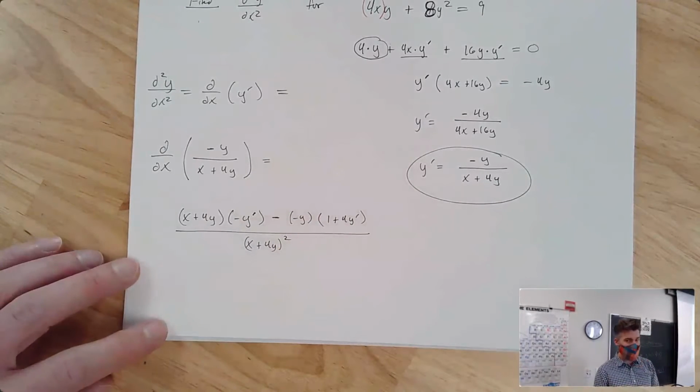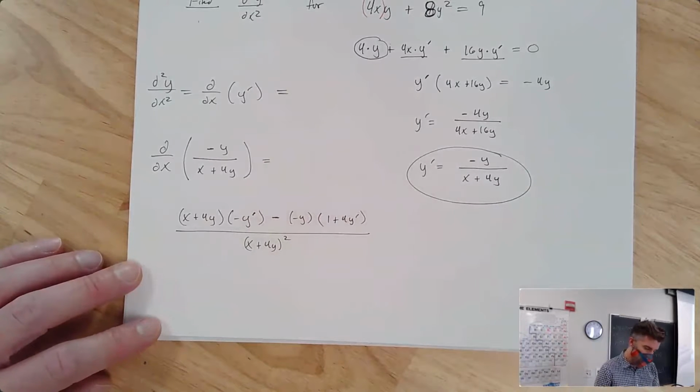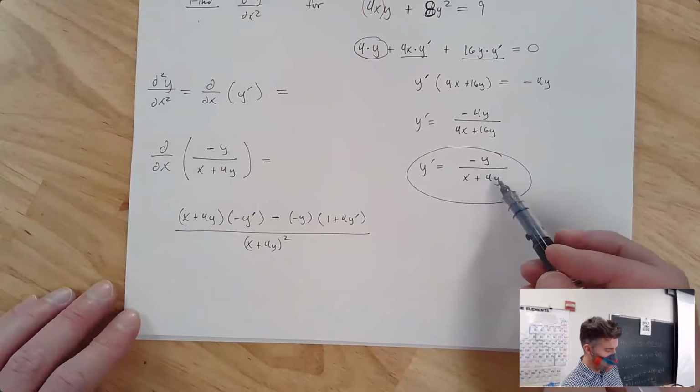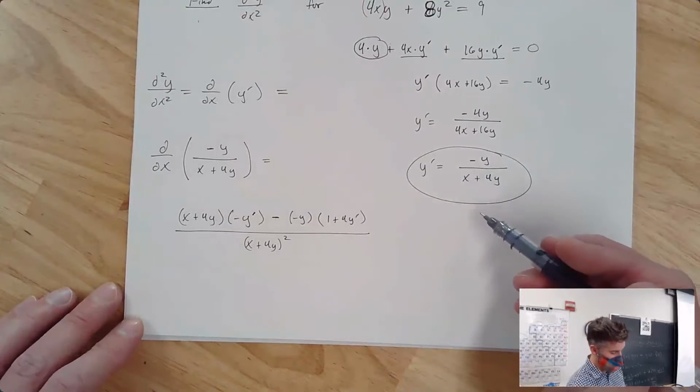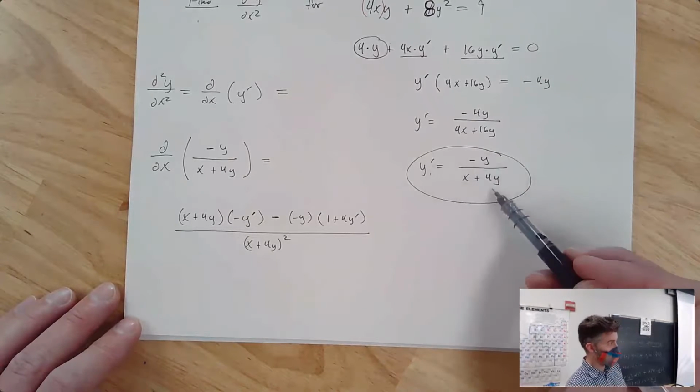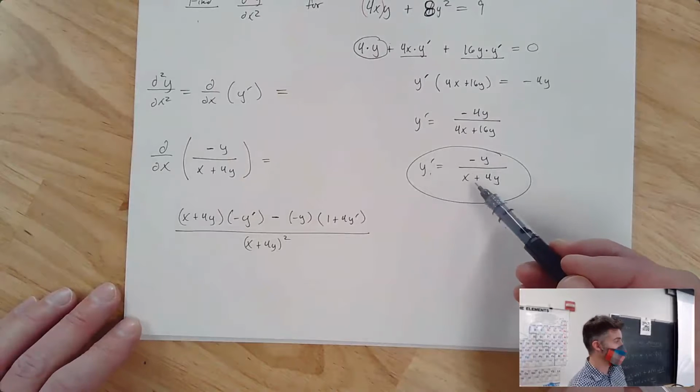Okay, here's where things are a little bit dicey. We know what y prime is equal to. Y prime is negative y over x plus 4y. And what we really should do is replace each y prime with what it's equal to. That's where things are a little bit funky.